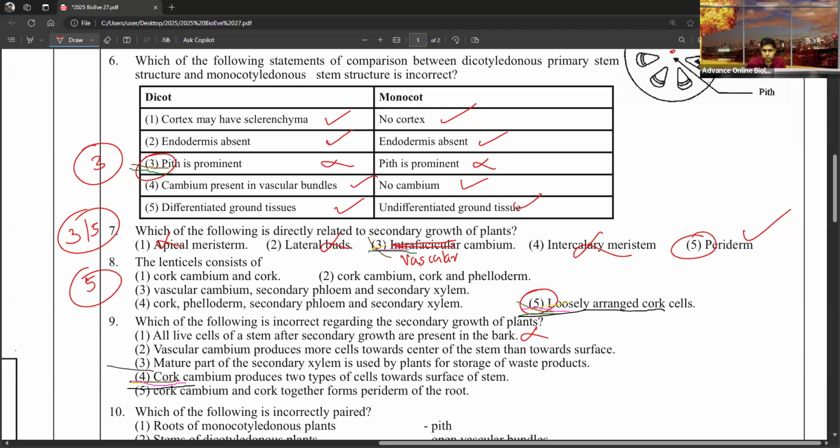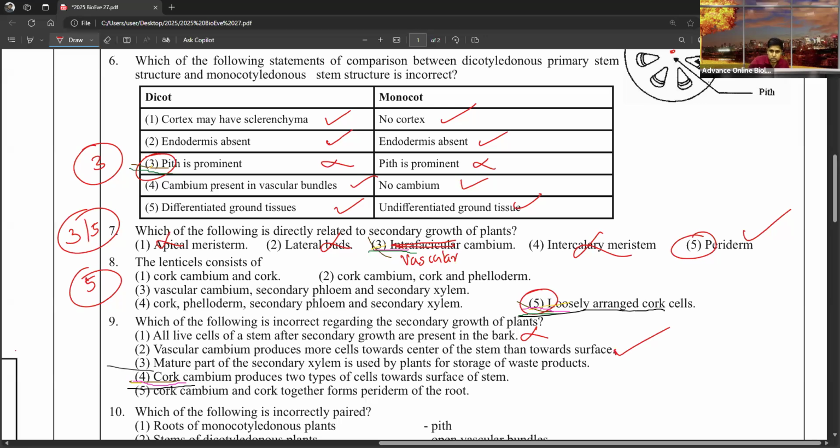Vascular cambium produces more cells towards the center of the stem than towards the surface. More cells towards the center, correct. On the surface side, it produces phloem. Less phloem and more xylem is produced, correct.